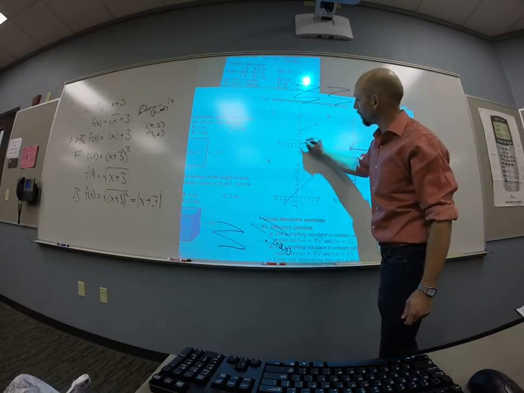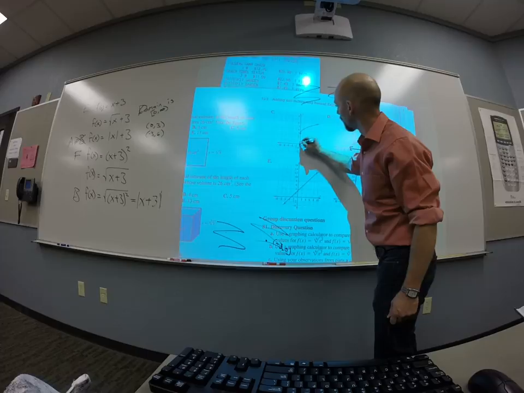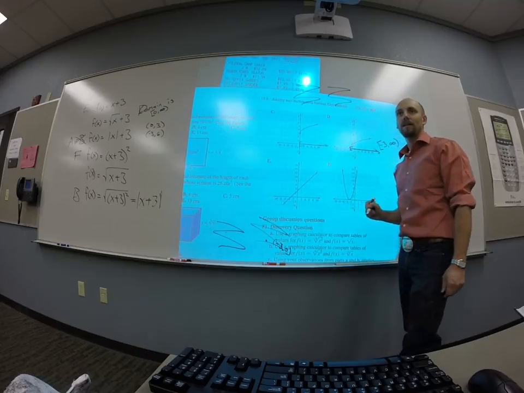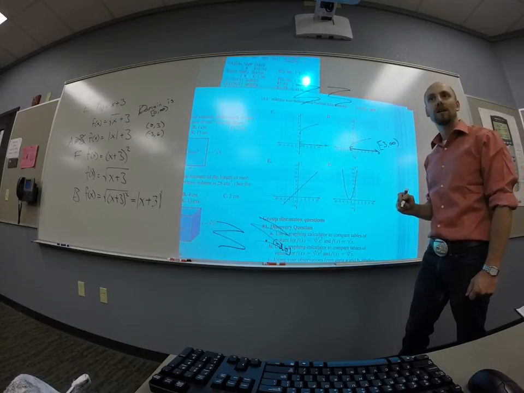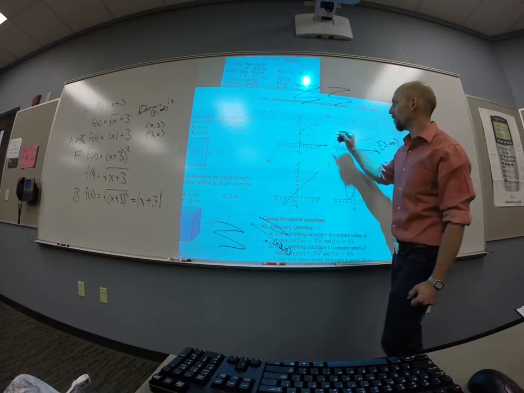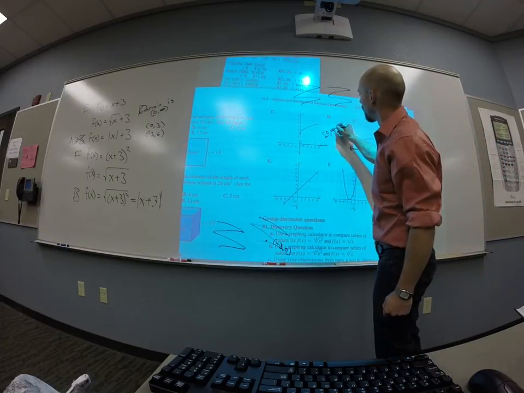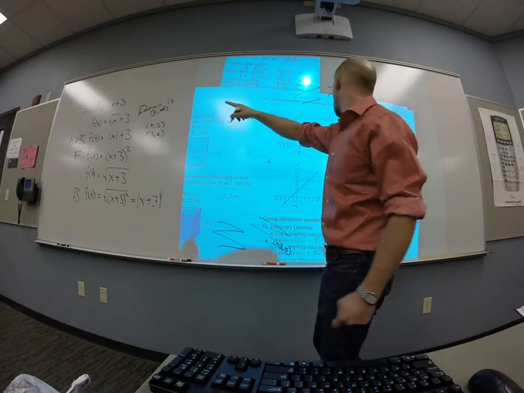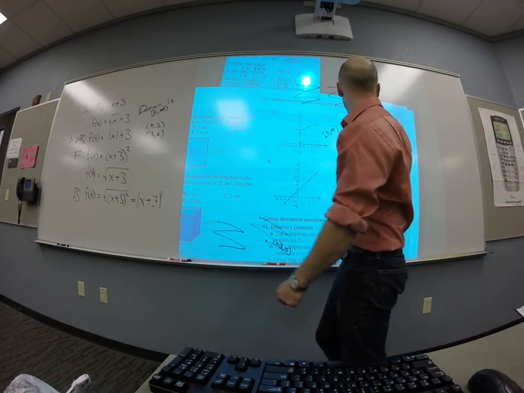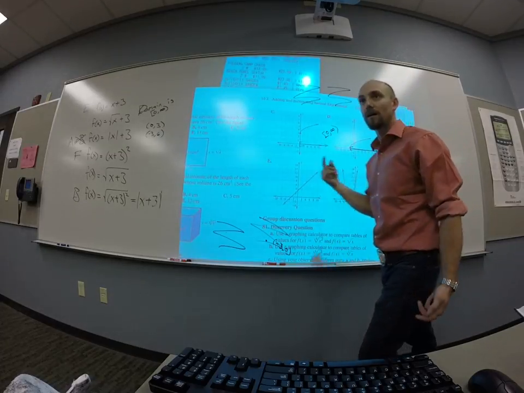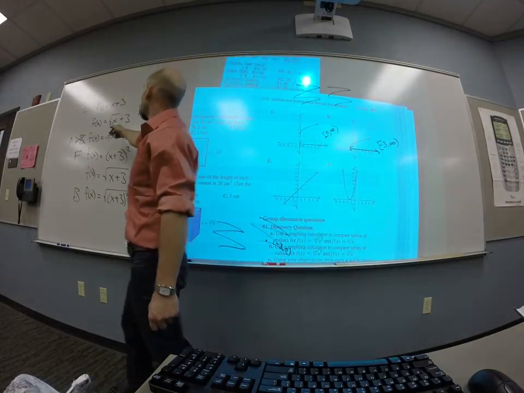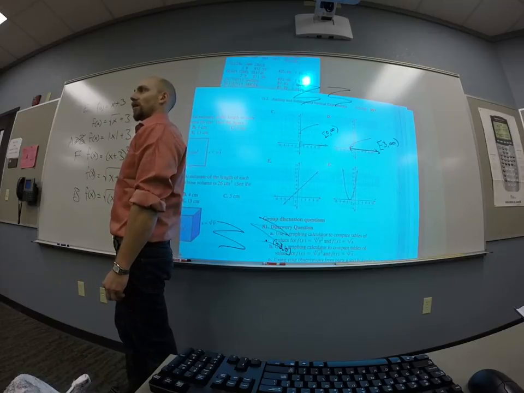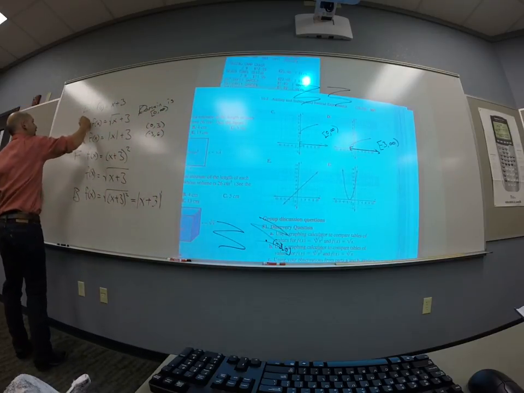This guy, when I squish down, I get this stuff, which is 0 to infinity. So which one? C. Oh yeah, because it can't be D, right? Because the domain's too big. You guys see that? I can't fit -3 in here. It just doesn't work. So this one's D.